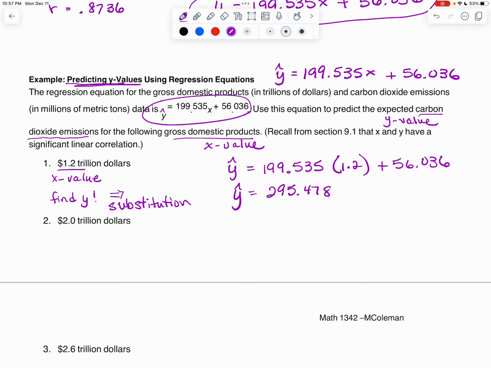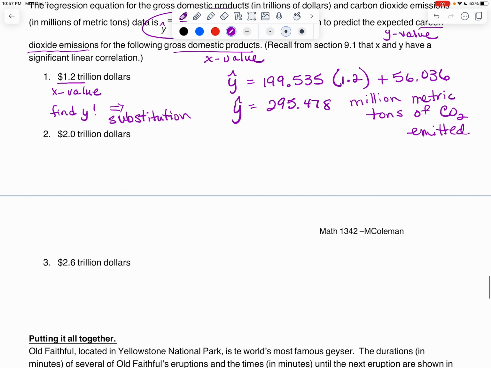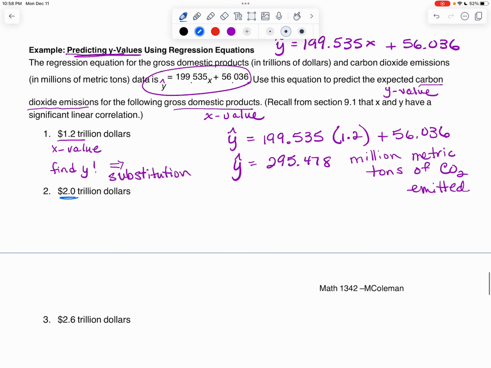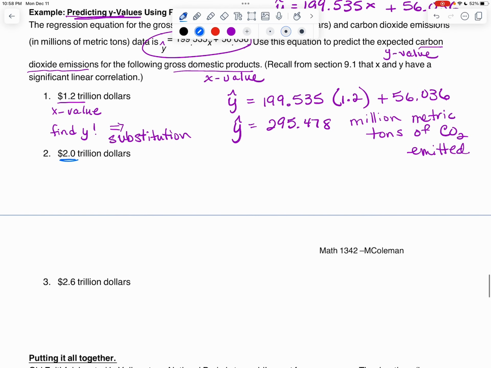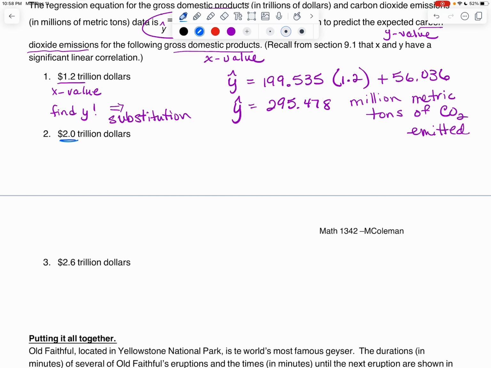That's what makes this line of best fit so important, because now I can make predictions. I can actually find out what might happen in the future. So in the future, if we spend $2 trillion on the GDP, the gross domestic products, how does that affect the CO2 emissions? Well, we're going to have y hat equals 199.535 times 2 plus 56.036.